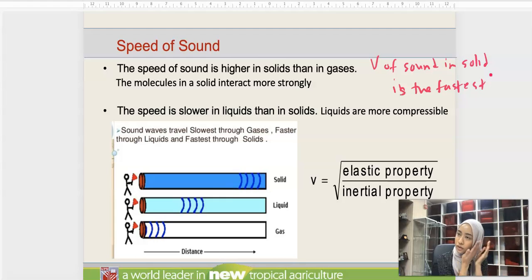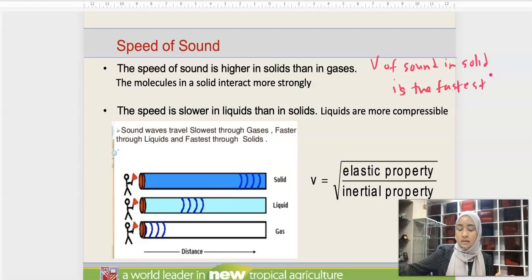So if I put something solid at my ear and I tap it, I would hear a very fast version of that tapping. Whereas if I tap on the table and I'm hearing it where the medium is air, the speed is slower.